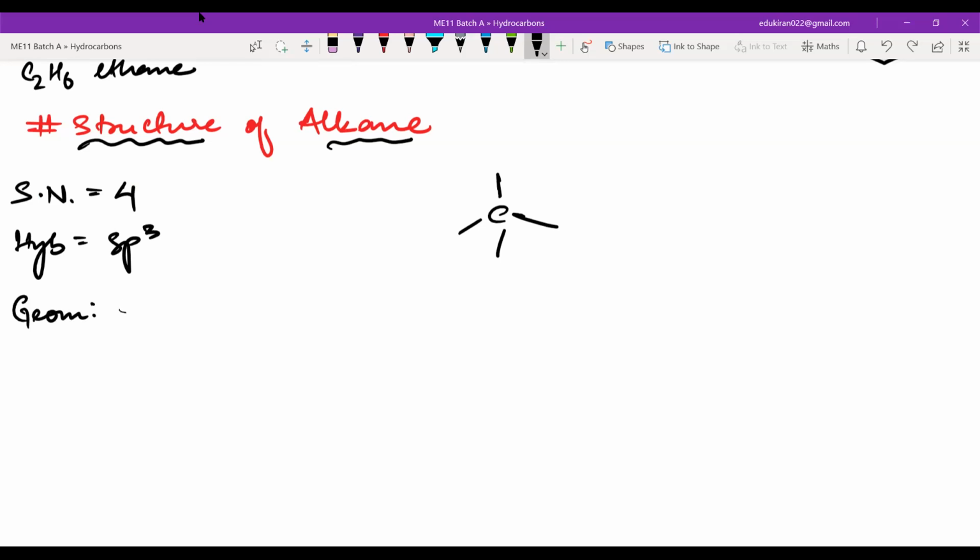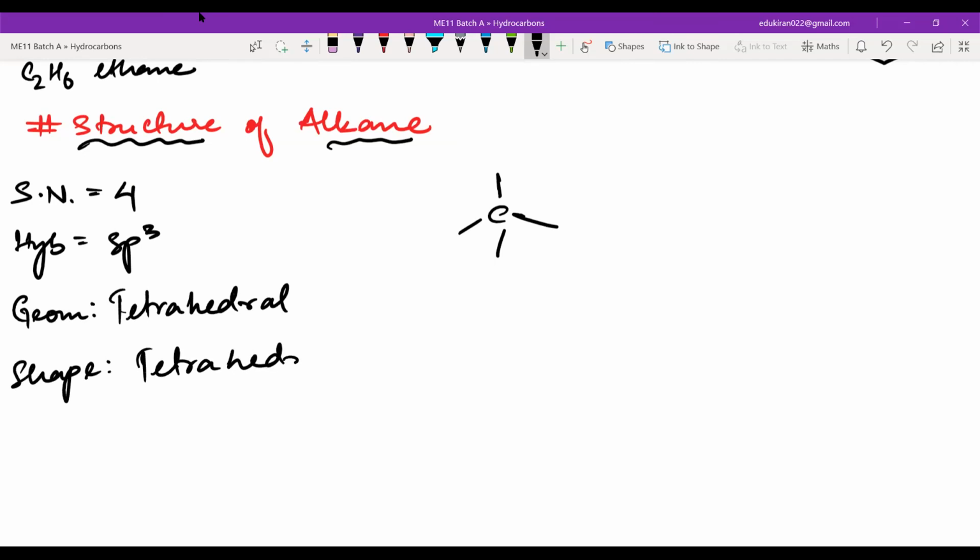Chapter 4, you don't remember all this, you forgot? The shape will also be tetrahedral, and the bond angle is 109.5 degrees.